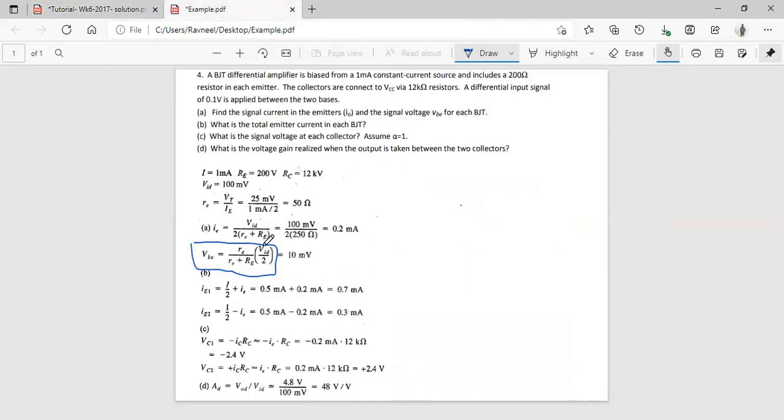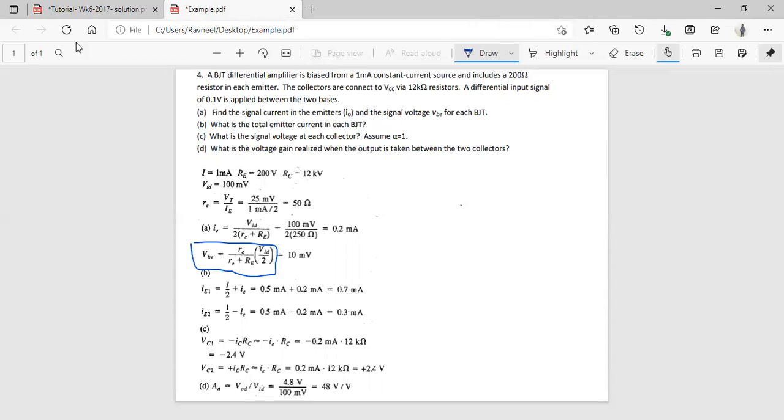We know our VID is equal to 0.1 volt. Substituting the values, you should be getting close to 3.85 millivolts.